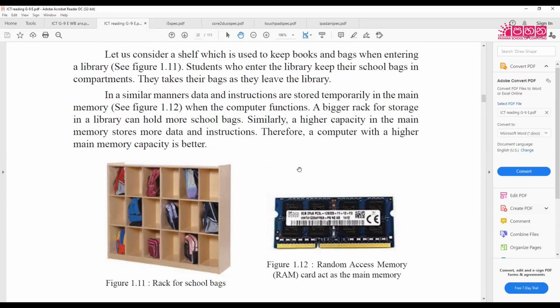What do you mean by temporary? When the power goes off, whatever the content inside the RAM is erased. For example, if you are making a painting using Paint, and the power goes off, whatever you have drawn so far will be erased because it's temporarily stored in RAM.